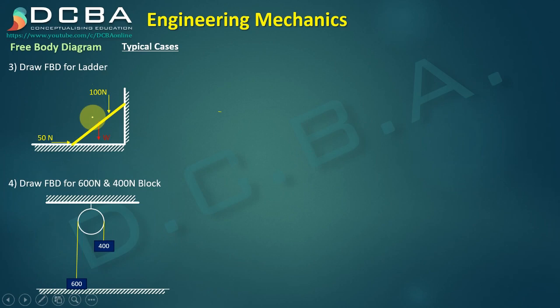It is not very frequent in engineering mechanics problems, but in other subjects sometimes such an assumption is made, like a massless pulley. But in this case, if the weight is given, then we do have to consider that weight. So this is the non-applied force.